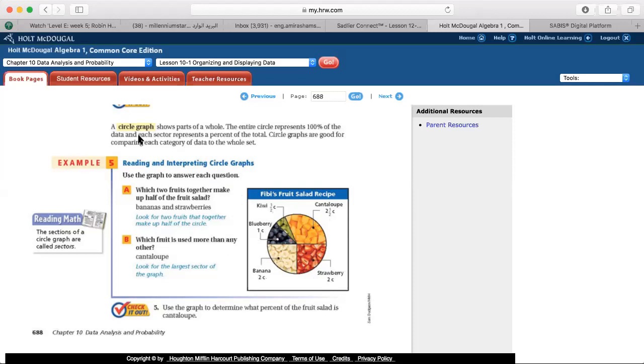Okay, let's read here. A circle graph shows parts of a whole. As we see here, each ingredient for the fruit salad is a part of the whole fruit salad. The entire circle represents 100% of the data, and each sector represents a percent of the total.